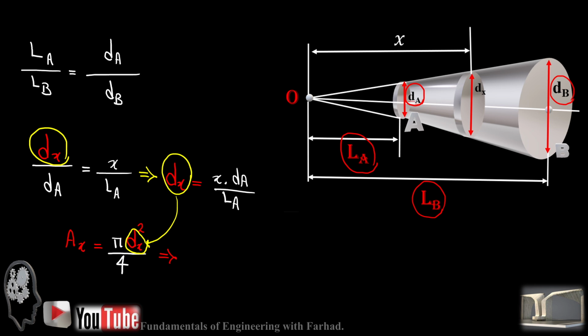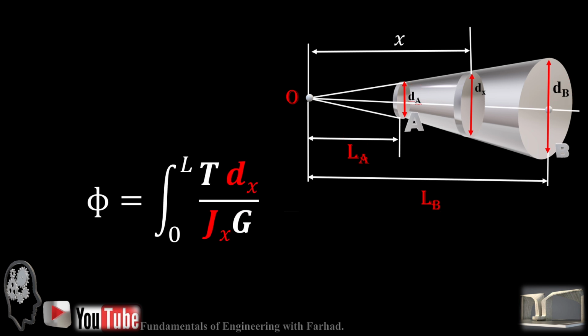A sub x is equal to pi d squared over 4. So that's how you can also get Ax. But in our problem, we just need to know what dx is. As soon as we know this part, we have the differential form of our element, which travels along A to B to give us the angle of twist phi at A.